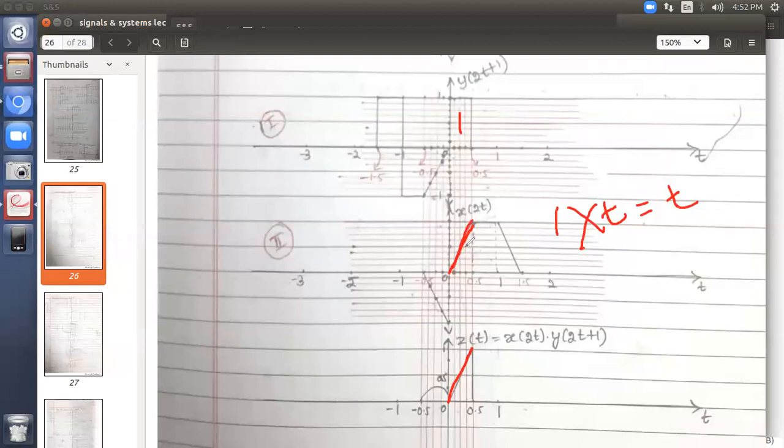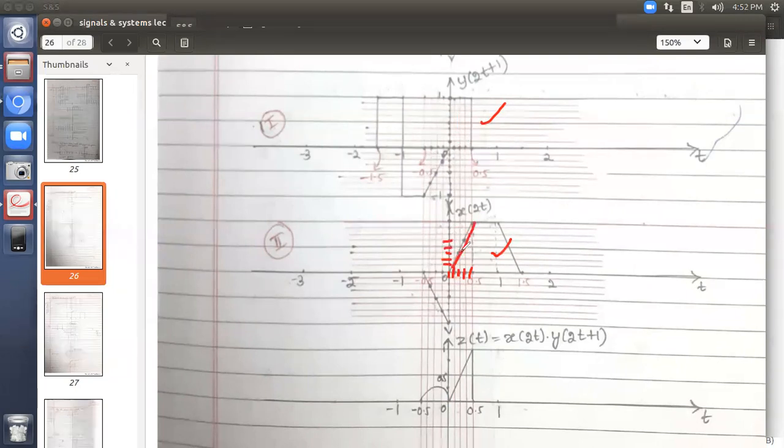You can verify this. Use a graph sheet and draw these two signals. On the graph sheet, try to multiply each point. Assume I have done 4 lines, marked as different units between 0 and 0.5. Here also you mark different amplitudes.